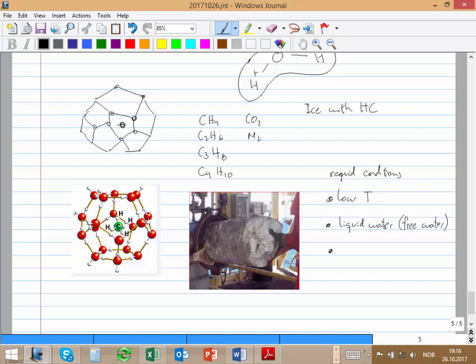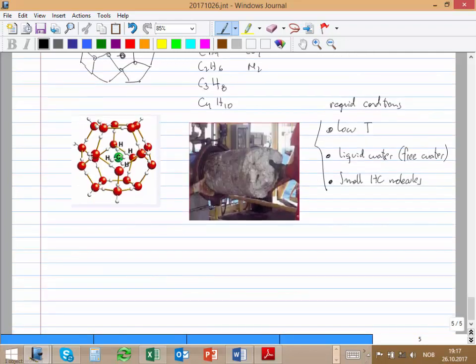And what else? Now we have everything that builds a cage, but we have to have something that comes inside. If you have, for example, a heavy hydrocarbon, heavy chains, they cannot go inside because it's not big enough for them. So you have to have small hydrocarbon molecules. These are the three conditions that are required to form hydrates.